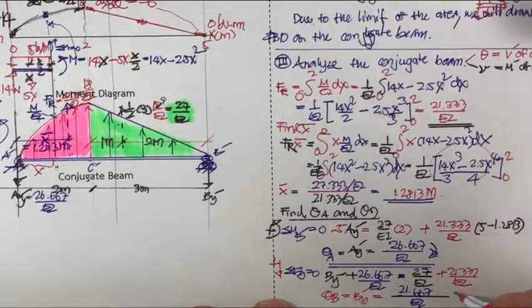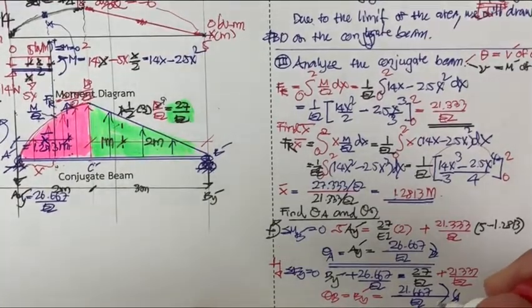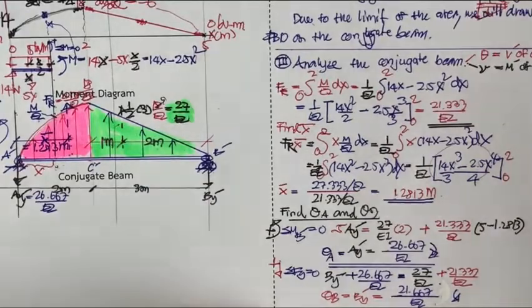And if you see the elastic curve, it's going to have the curvature, like the rotation in this direction. And if you like, you can determine the value of this directly. Okay, we have E and I, right?